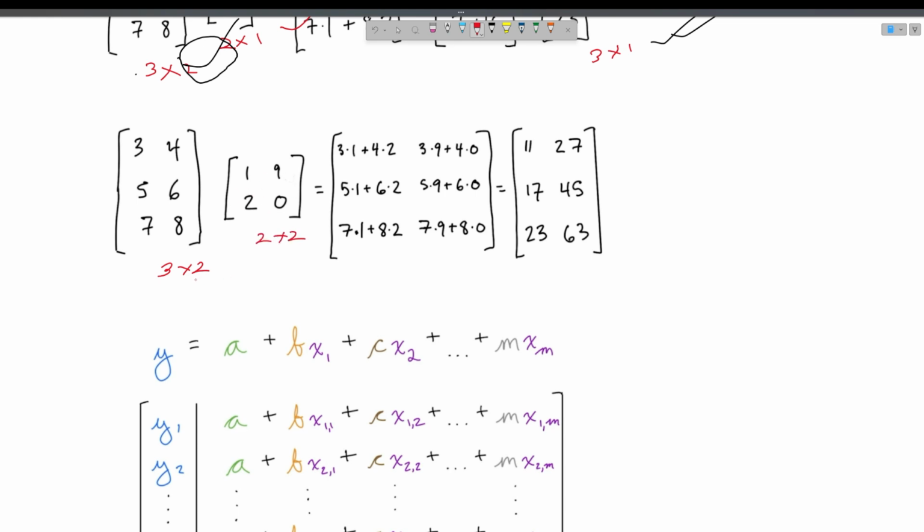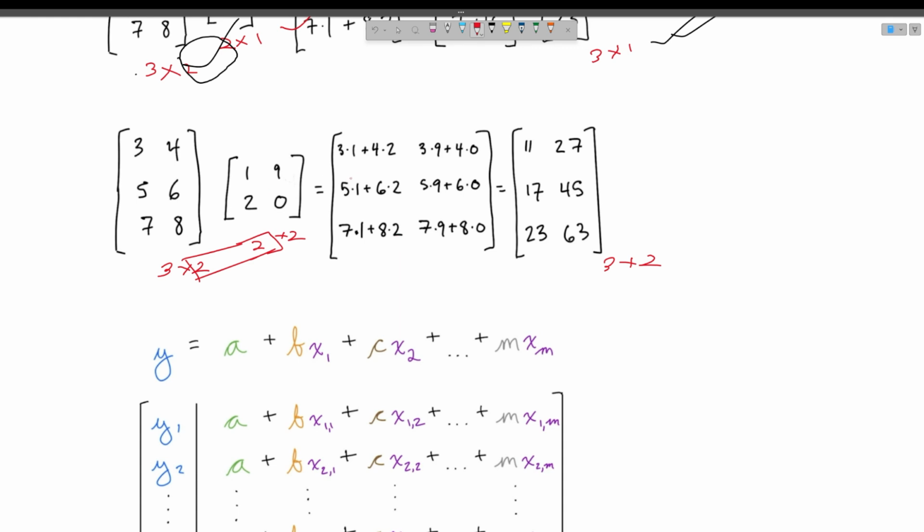So as we can see, these two are the same. That means we can have matrix multiplication here, and the result should be 3 by 2. And you can see exactly this is 3 rows, 2 columns. That's good, right?